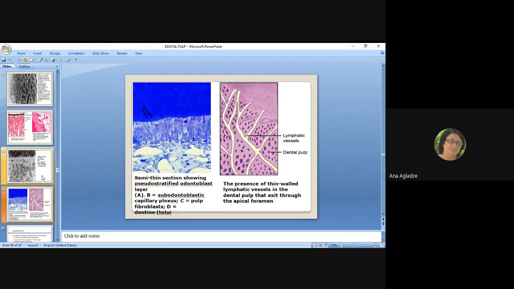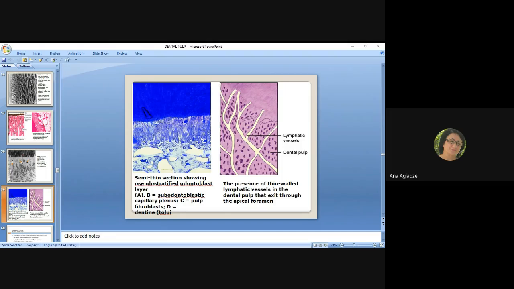But these gaps are very small, whereas fenestrated capillaries facilitate the movement of fluid out of and into the capillaries. These non-fenestrated capillaries are found during early dentinogenesis in the vicinity of young odontoblasts. When dentinogenesis is in full progress, the capillaries become fenestrated, and these fenestrations measure approximately, as we mentioned, 60 to 80 nanometers.